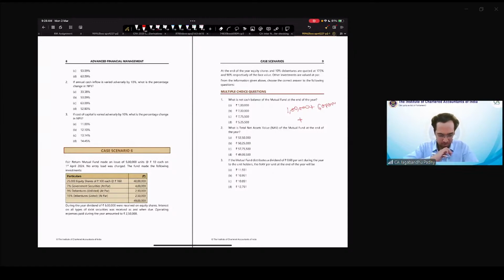Interest will be 4 lakh into 7%, plus 2.5 lakh into 9%, plus 2.5 lakh into 10%. And from that, you subtract operating expenses of 2 lakh 50,000.